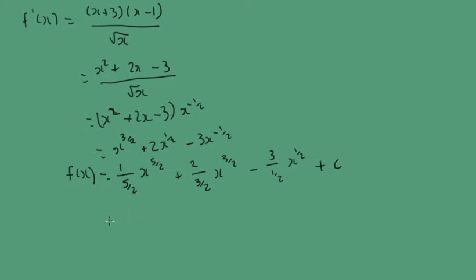Now tidying all that up, we'll get 2 over 5, x to the 5 over 2, plus 4 over 3, x to the 3 over 2, minus 6 square root of x plus c.